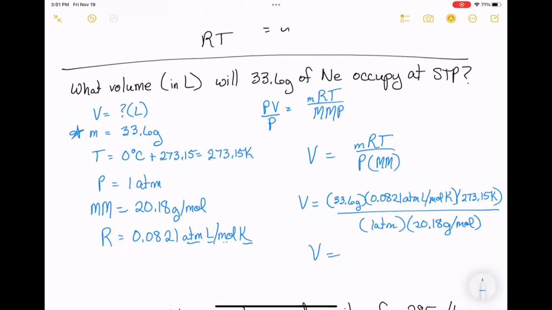So we key this into the calculator, and you get a value of 37.3 liters for our gas.